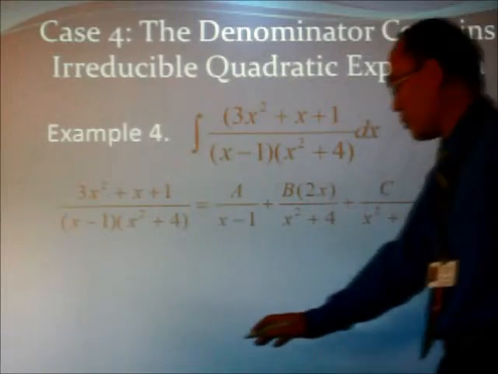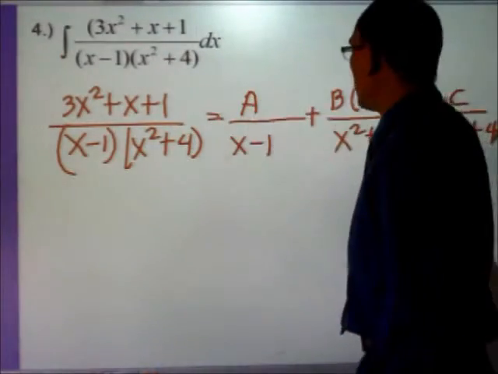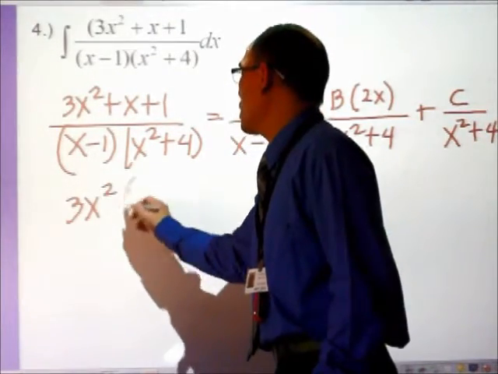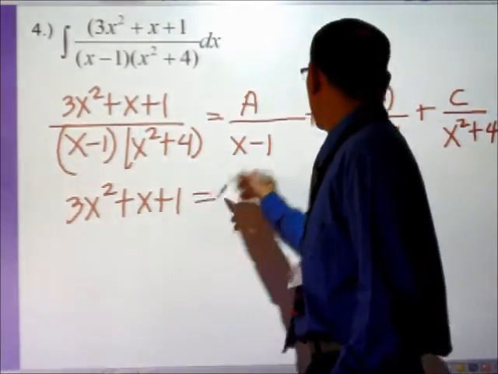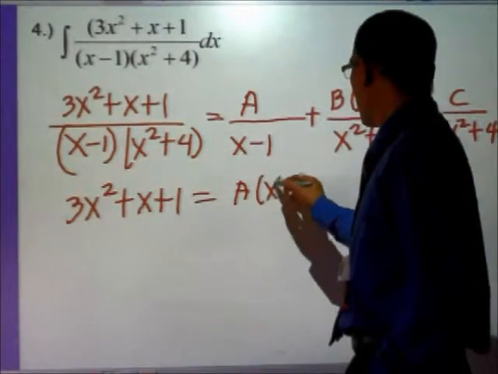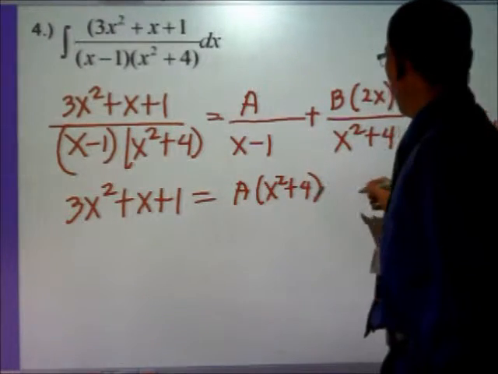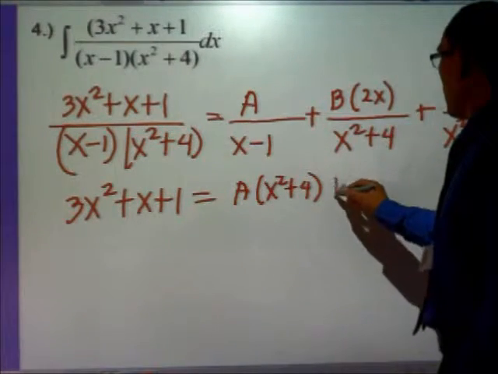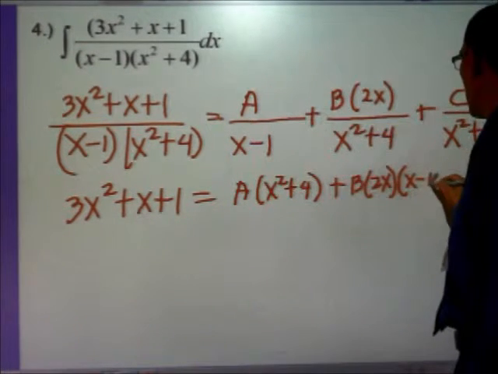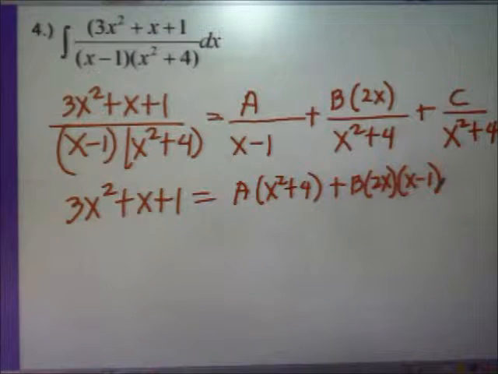Let's go ahead and work the problem out and multiply all the terms by this big denominator here, so it will only be 3x squared plus x plus 1 equals a times x squared plus 4, then plus b times 2x times x minus 1, and of course plus c times x minus 1.